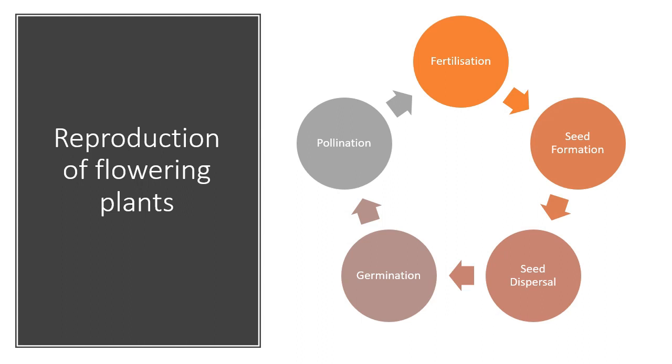And the next one will be seed dispersal, then germination if the conditions are right. And then the adult plants will be ready for pollination again, back to fertilization, seed formation, seed dispersal, and germination again and again. So this is how they make up their life cycles of a flowering plant.